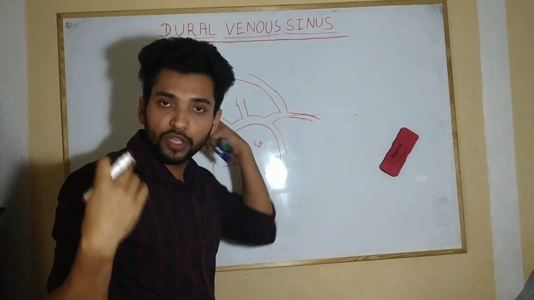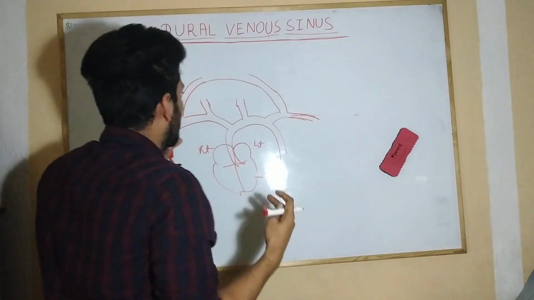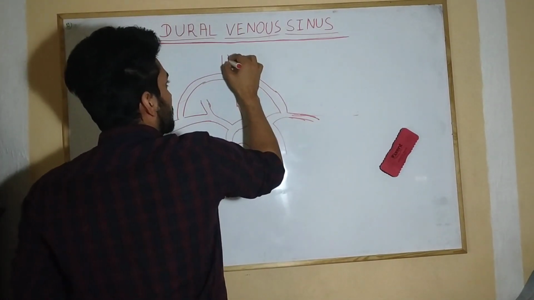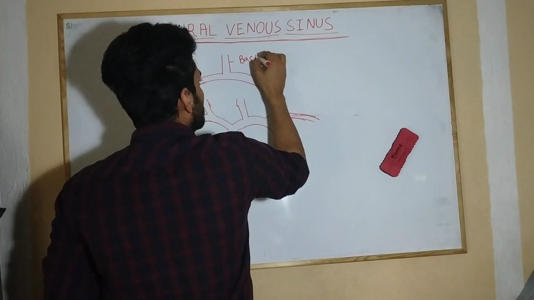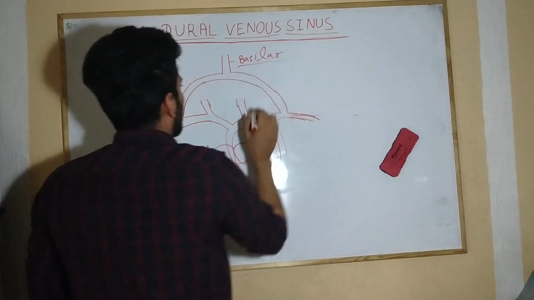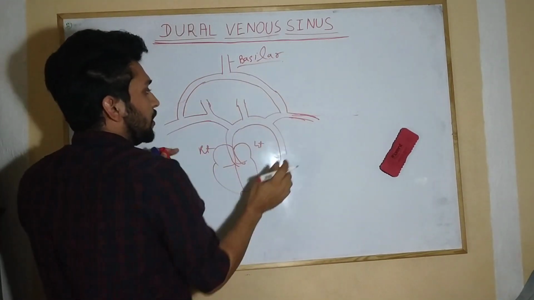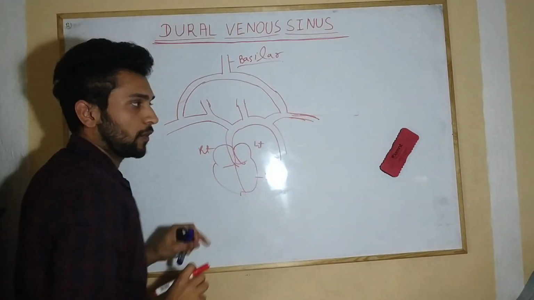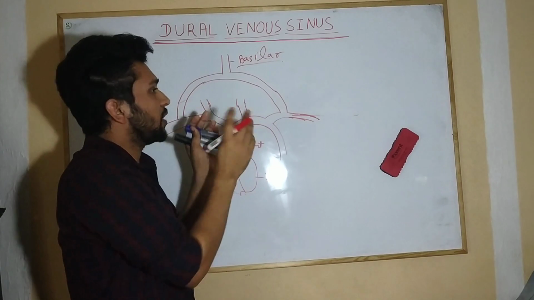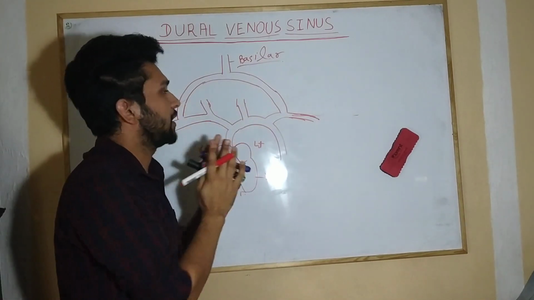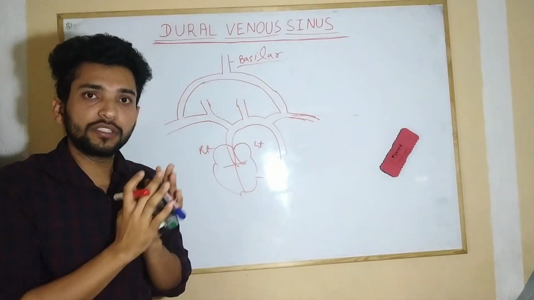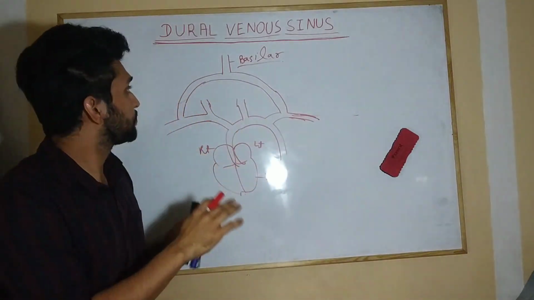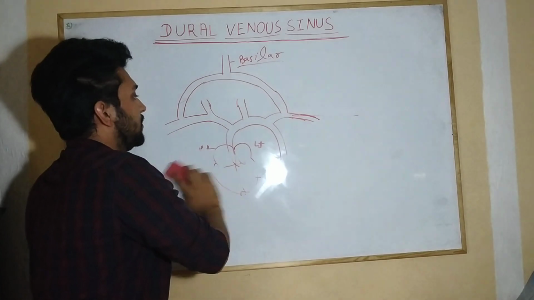Both will enter into the spinal column, and both will become one, and this one will be called the basilar artery. Both vertebral arteries arise from the subclavian branch of the aorta. So these are the only three arteries which are entering into the brain. These arteries give blood supply to our brain, and our brain will be nourished.